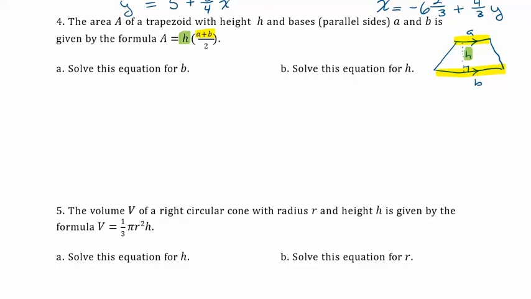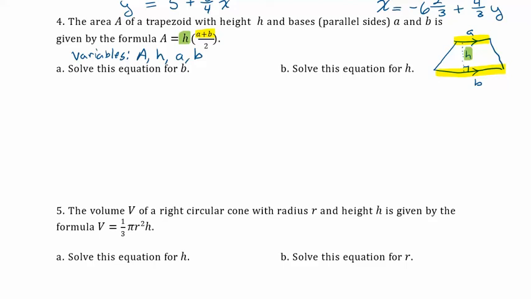How many variables does this equation have? You got it? How many variables? And what are they? A, which stands for area, h, which is the height, a, which is one of the bases, and b, which is another base. So there are 4 variables in this formula. There will always be 4 variables in this formula.